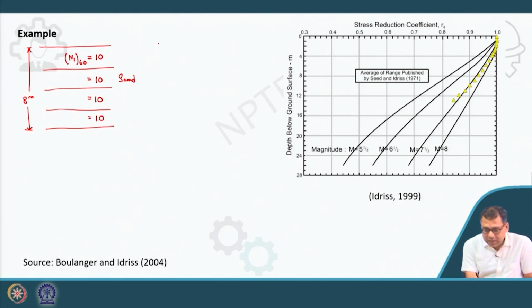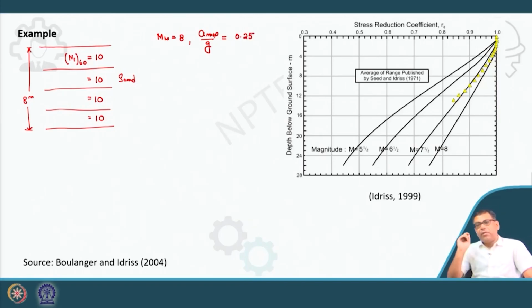So now here I have to calculate the settlement for a moment magnitude of earthquake M, and amax by g is equal to 0.25. Now here I want to mention one more thing, that I am always giving the moment magnitude of 8.